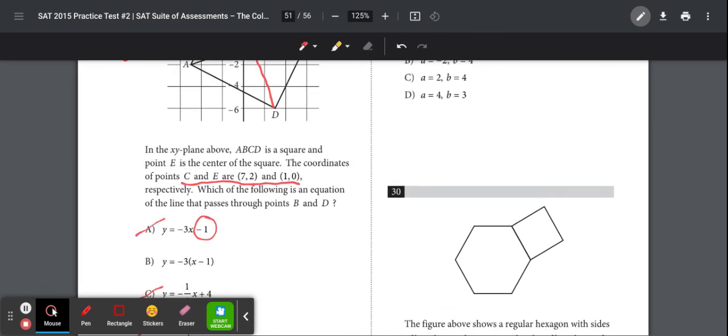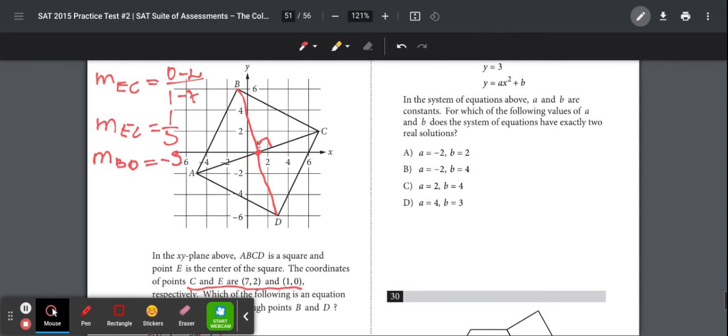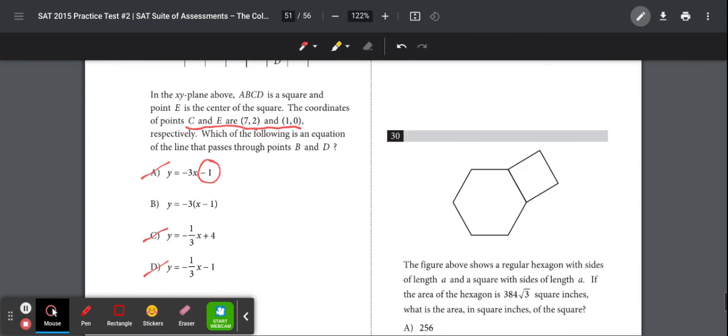That's eliminated. And my y-intercept looks like it is somewhere between 2 and 4, which could be 3. And if you simplify B, we see that it is identical to the equation being -3x plus 3, and that turns out to be the answer.